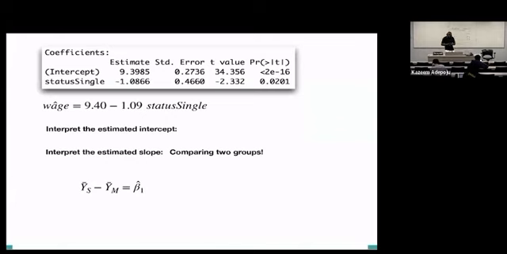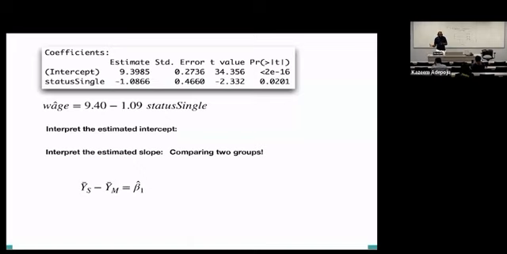So when you want to compare two means, you can compare two means using the idea of a dummy regression. The difference exists when beta 1 is significantly different from 0, because the difference of the means is equal to beta 1. If beta 1 equals 0, there's no significant difference between their wages.